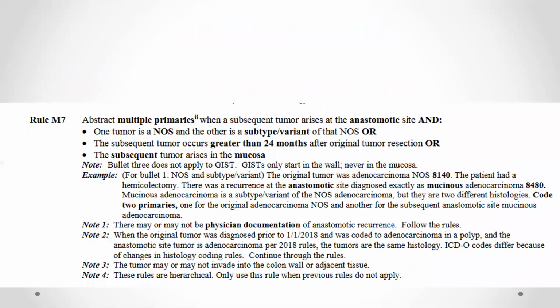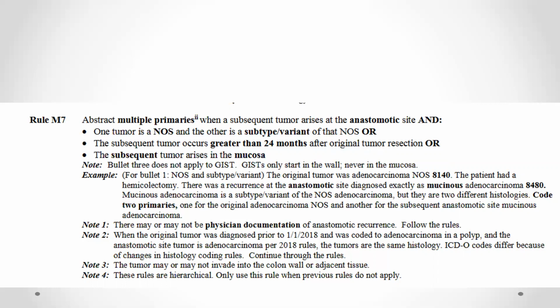So we will start again at the multiple primary header, and we will go through starting at M3, I believe, and then following through to M7, which does apply to our case.